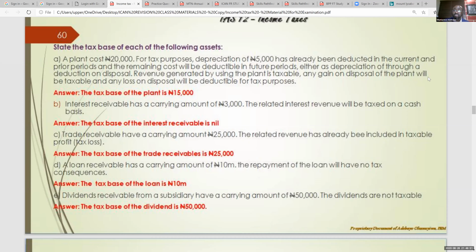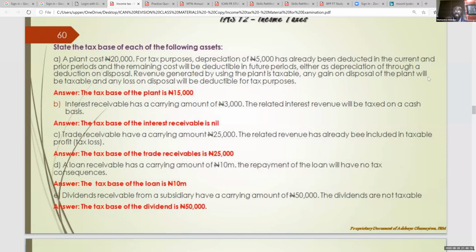Recognizing trade receivable means you have recognized revenue from sale of goods. And what does the law say in this regard? The law says the related revenue has already been included in the taxable profit. For anything to be included in taxable profit means it has been allowed, whether as taxable income or as a deductible expense.